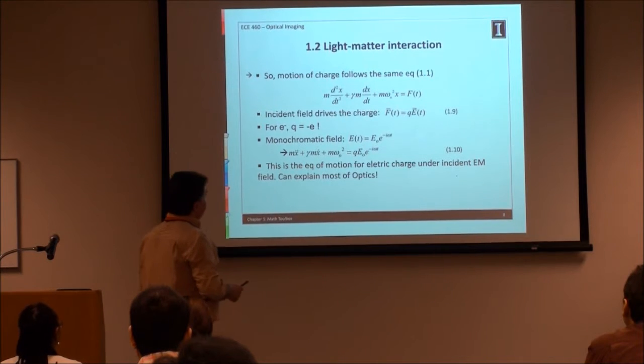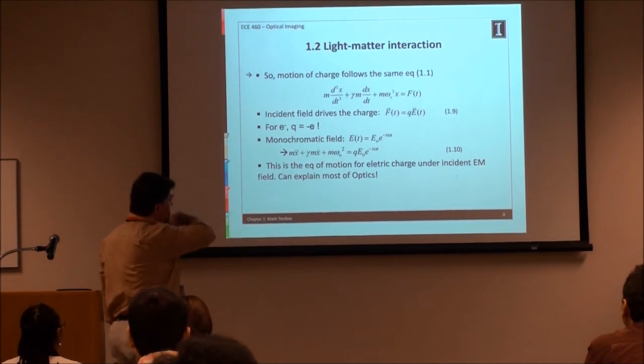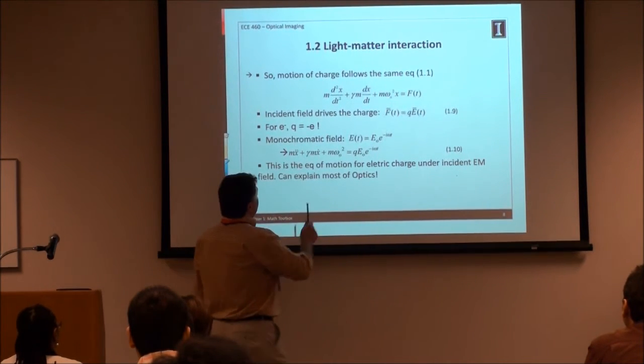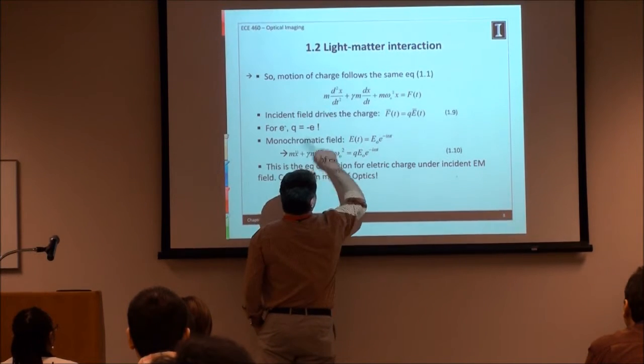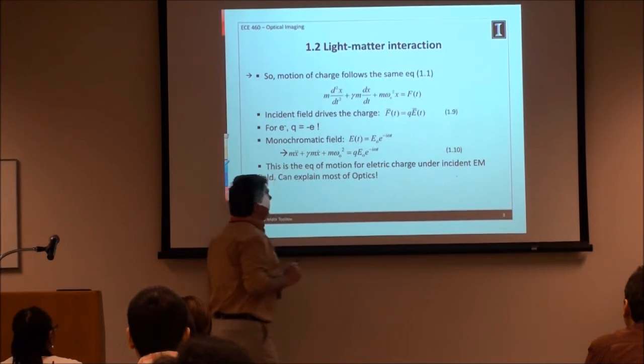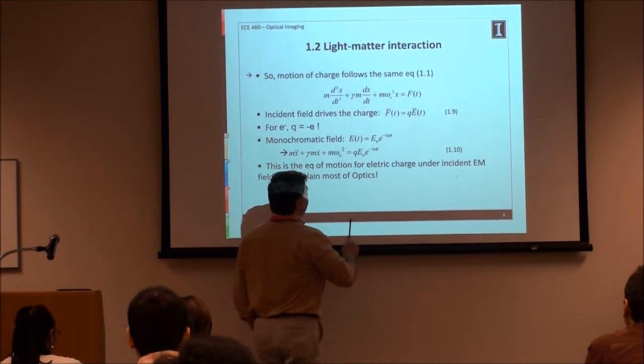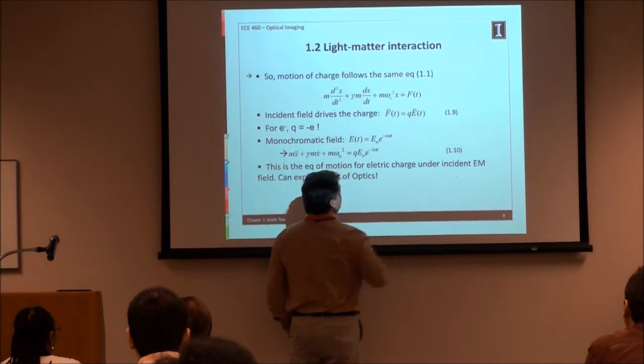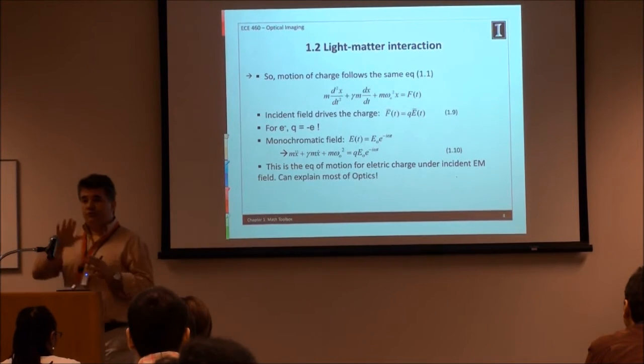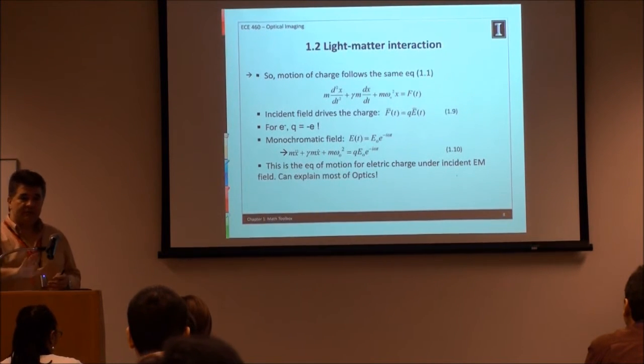So basically, I can talk about the electron having a certain displacement x. The differential equation that describes the motion of that electron is exactly the same, except that this force now is due to the applied electric field.